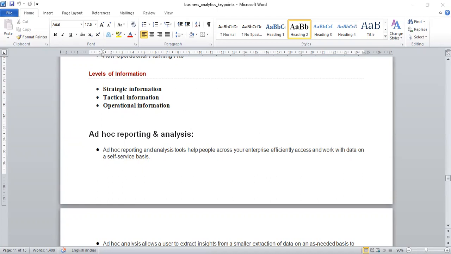So what is tactical information? The next level down from the strategic level is the tactical level, and tactical planning and decision making takes place within the guidelines set by the strategic plan. Because the strategic plan already determines policies and guidelines for the organization, tactical work has to happen within that.